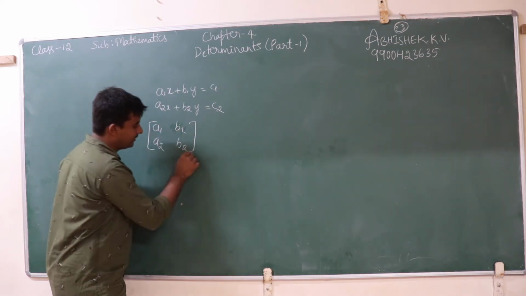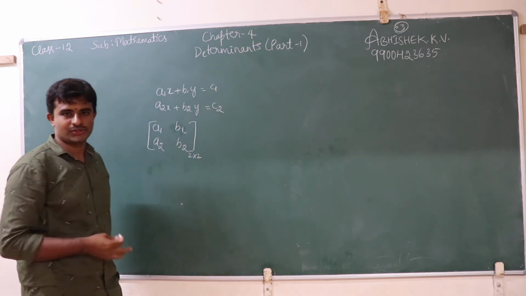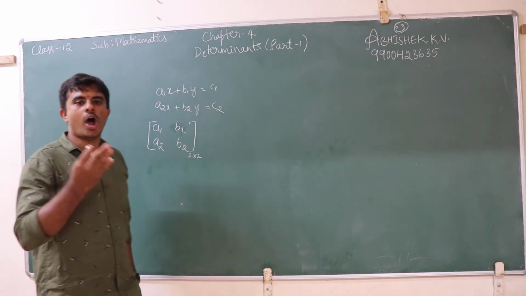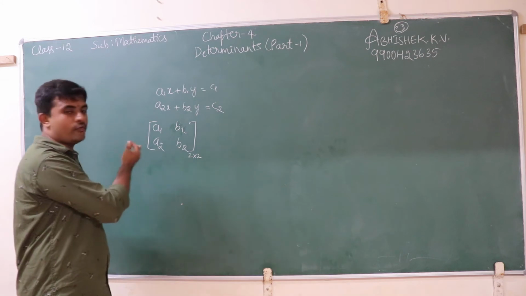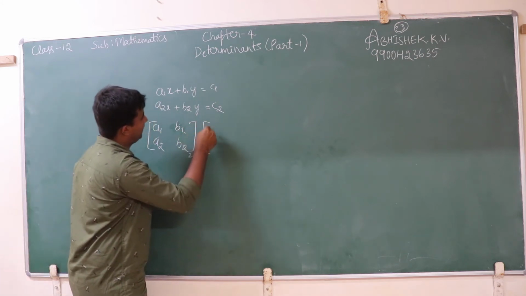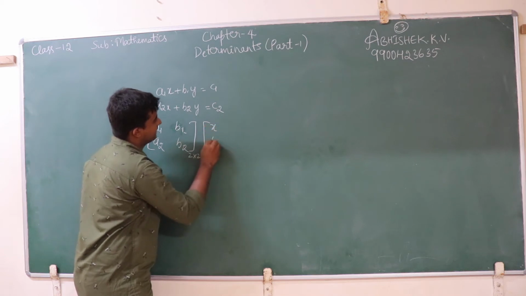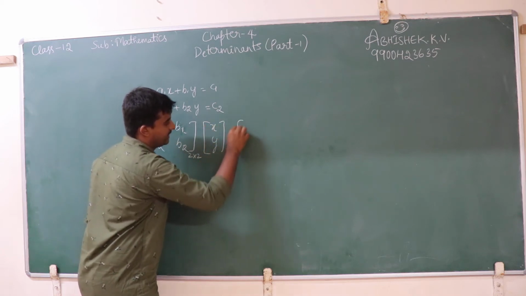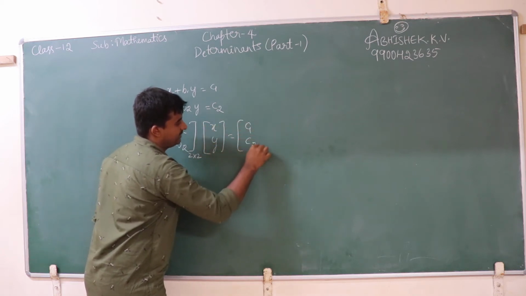See, this is the matrix of order 2 cross 2. You all know matrix is an ordered rectangular array of numbers or functions, and then multiplied with x and y. This is equal to c1 and c2.